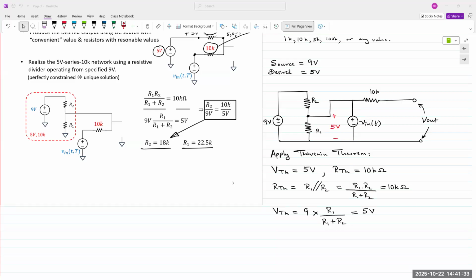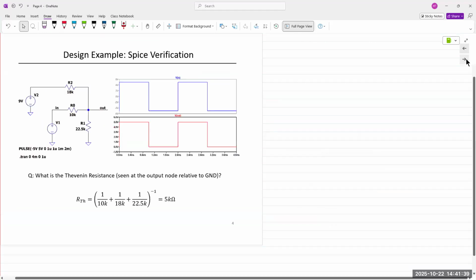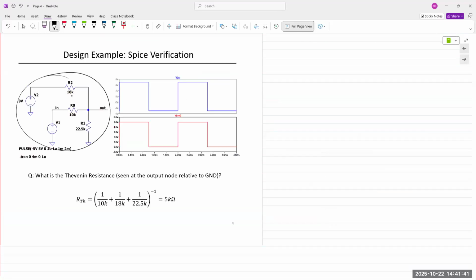All right. This can be verified in SPICE. You can design the circuit in LT SPICE, with the exact same values. You're going to apply Vin plus and minus 5 volts. So this is plus 5 volts, this is minus 5 volts, and the output goes from 0 to 5.